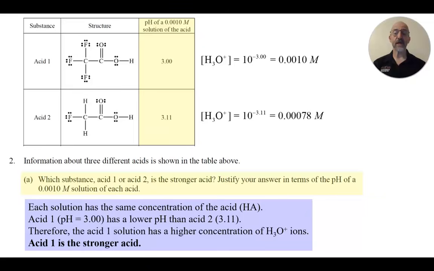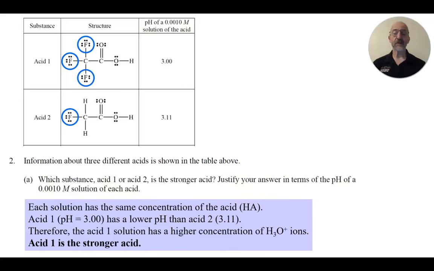Now, before we take a look at part B of question 2, I'd like to show you the difference in the structural features of acid 1 versus acid 2 that explain why acid 1 is the stronger acid. So it has to do with the number of fluorine atoms in each molecule. You can see that acid 1 has 3 fluorine atoms, whereas acid 2 has only 1 fluorine atom, and that is the structural difference that explains why acid 1 is the stronger acid.